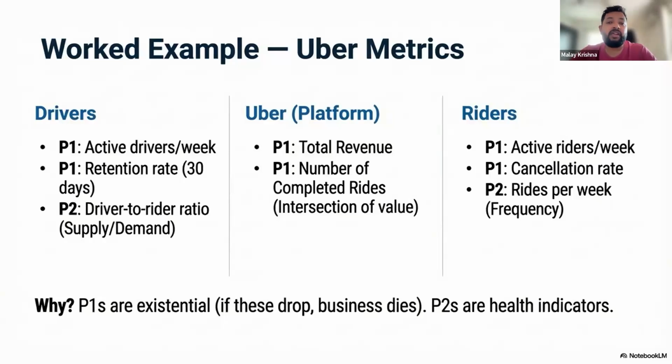Now, for drivers, success was when they get a lot of rides and make a lot of money. So, active drivers per week, and driver retention rate at 30 days. Now, the second is driver to rider ratio, which is saying that drivers are not free all the time. Instead of looking at driver to rider ratio, you can also look at the minutes that a driver spends on average without a ride.